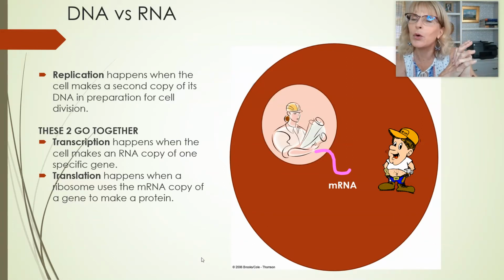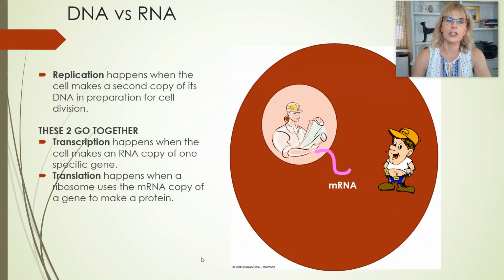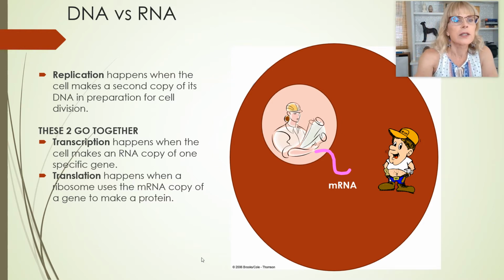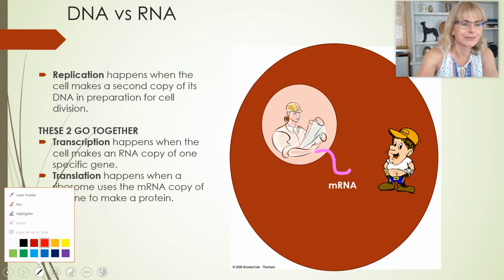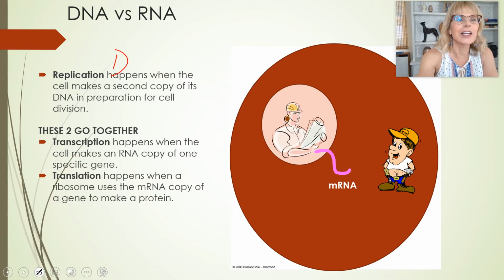Alrighty, so we're learning more about this stuff called molecular biology. And now we know that DNA does two different things. DNA is involved in replication. And DNA is involved here also at the first step right here, transcription.